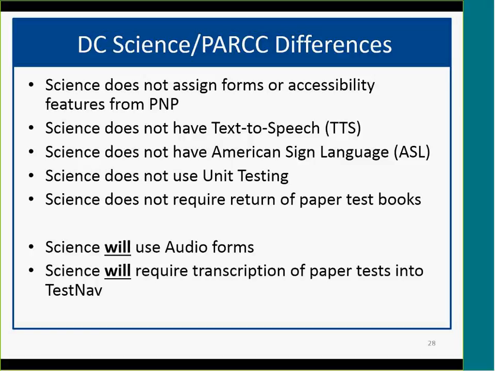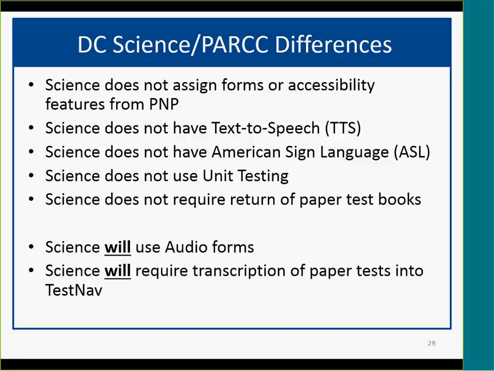Science will not offer the text-to-speech option, nor have an American Sign Language form. DC Science will also not use unit testing, and for those of you that have been testing PARCC this year, you'll know that it changes the way in which a test is presented to students. And we'll talk about what that exactly means a little bit later in the training.